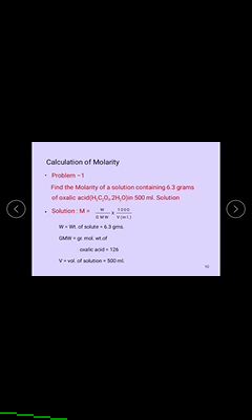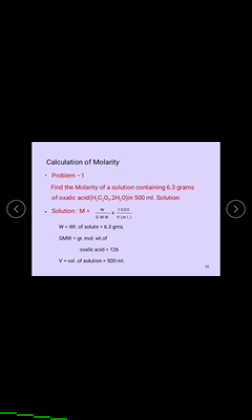First of all, we write the given contents. Here 6.3 grams is given, that is the solute, oxalic acid, so W is equal to 6.3 grams. Then the GMW of oxalic acid is 126.